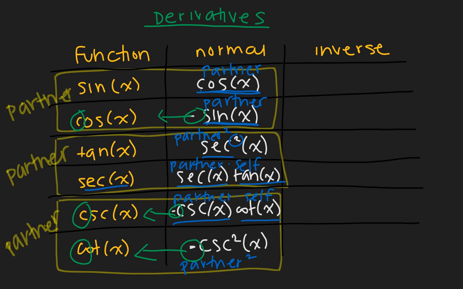Now the inverse derivatives are super strange, but you'll get used to it after we go through some of the ways you can memorize it. First, everything starts with 1 over, so that is pretty straightforward.